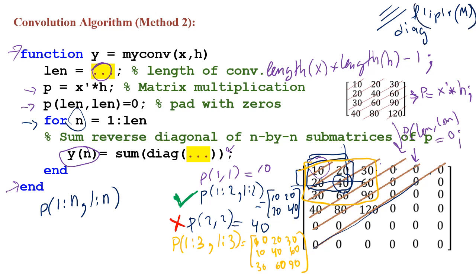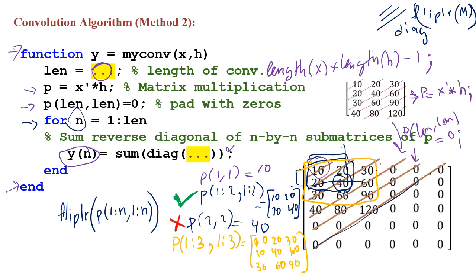So we're going to apply the same concept here. I'm going to flipLR this part of the code. Let me erase it just to allocate more space for it. So it will be simply flipLR P 1 through n, comma 1 through n.